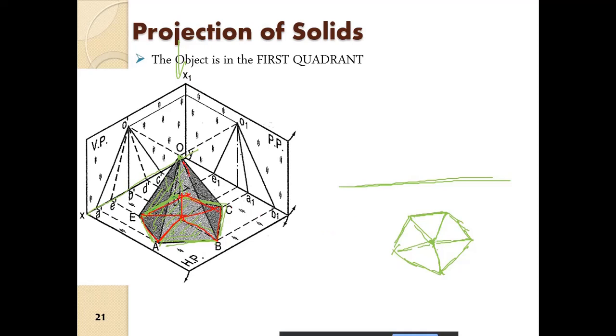The surfaces B, C, O, similarly A, B, O and E, O, A are the surfaces that we will see from the top. We will not see the base of the pyramid. So this is the top view.